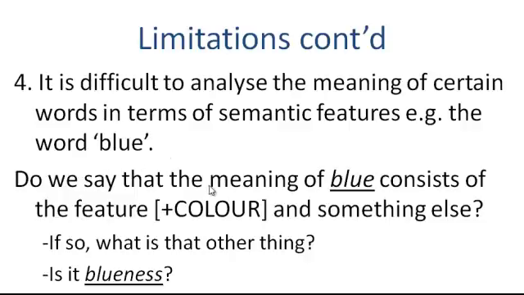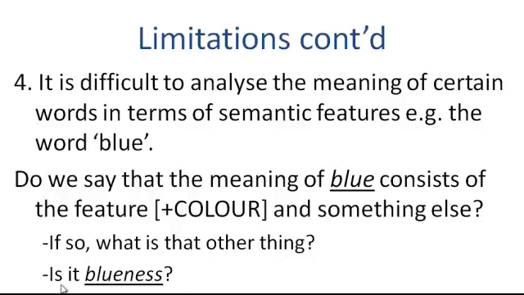Do we say that the meaning of blue consists of the feature plus color and something else? If the meaning of blue consists of the feature plus color, then what is the other thing? When you want to describe blue in terms of features, the attribute that comes to mind is color, and then there's nothing else.